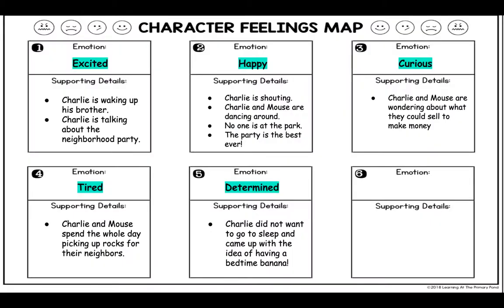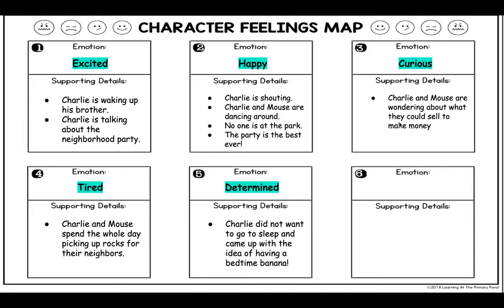For the past 2 lessons, we used this character's feelings map to chart how Charlie feels at certain points. But we can use our supporting details to remind us about the events that happen in our story. We remember in the beginning that Charlie woke up his brother and he was excited about the neighborhood party at the park.